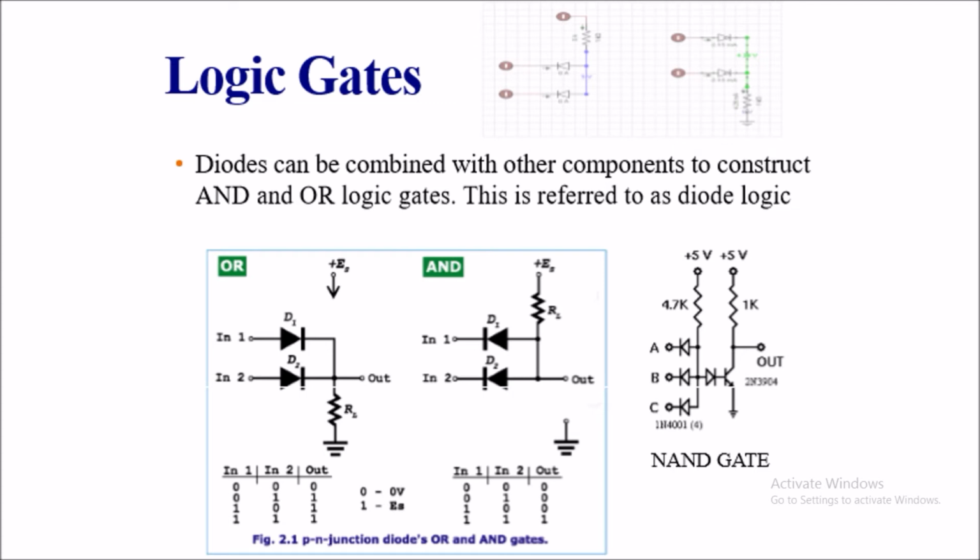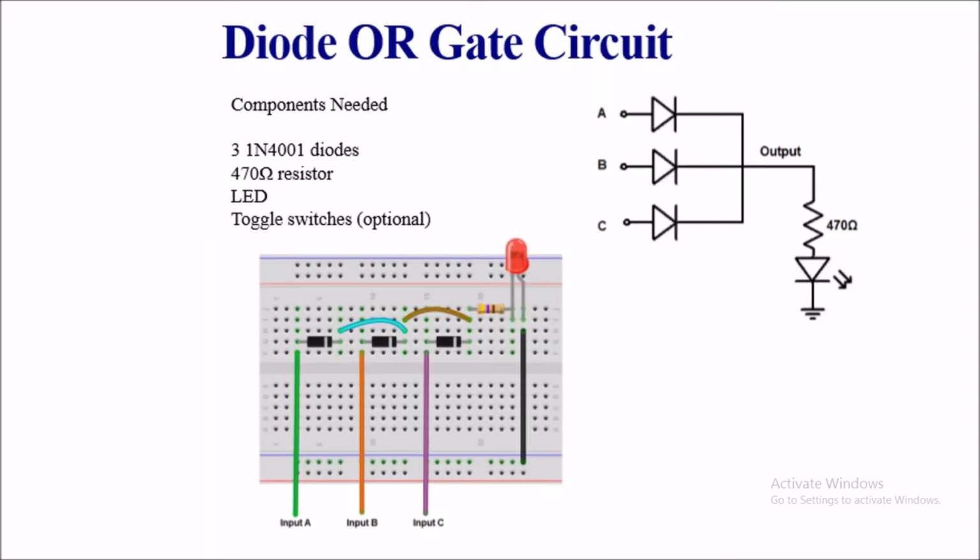And the only case for getting an output of one in AND is when the two inputs are one or high. So we can connect the diodes in this connection to get the OR and AND logic gates.